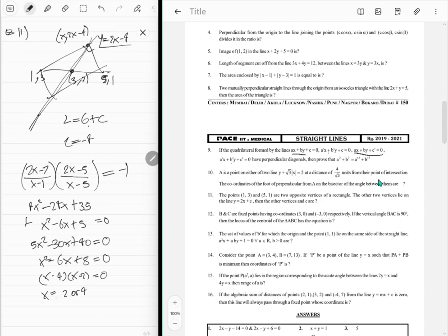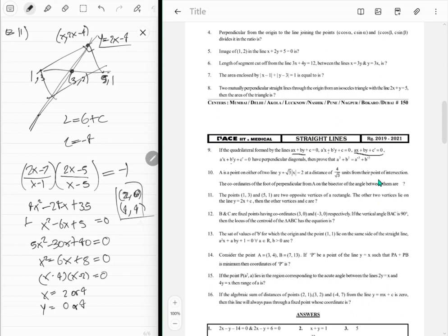And what was y? Which is 2x minus 4. When x is 2, it's 0. When x is 4, it's 4. Yeah, now it's correct. So the points are 2, 0 and 4, 4.